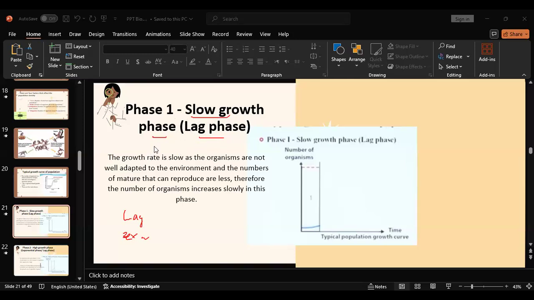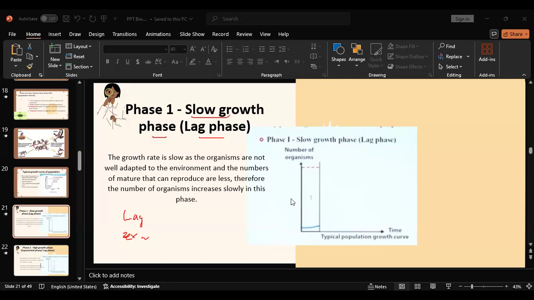In this phase, the increase is very low. This is the first and foremost phase, because of the lack of medicines or technology.